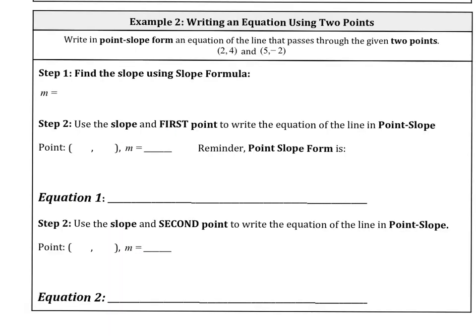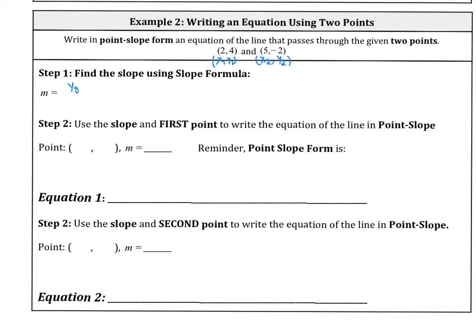Now let's discuss example number 2, writing an equation using 2 points. Write in point slope form an equation of the line that passes through the given points, 2, 4 and 5, -2. First thing you want to do is to find the slope of these 2 points. So name them as x1, y1 and x2, y2.